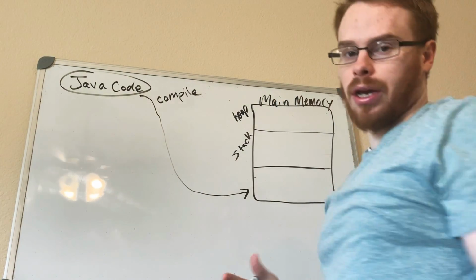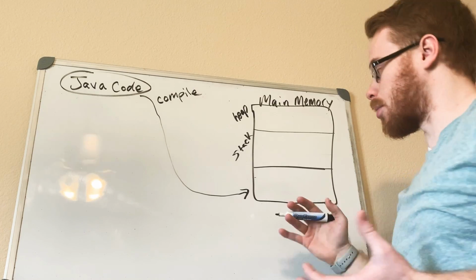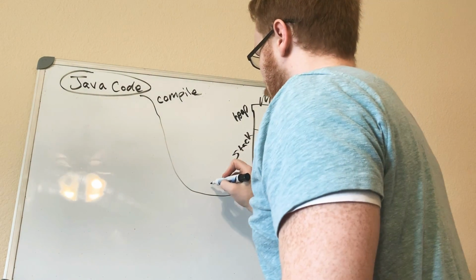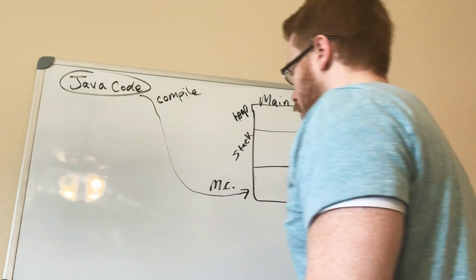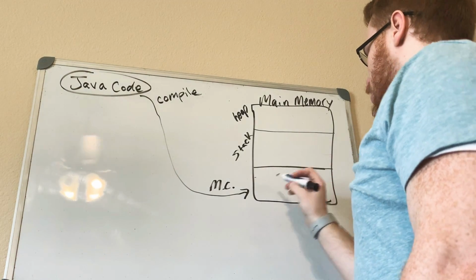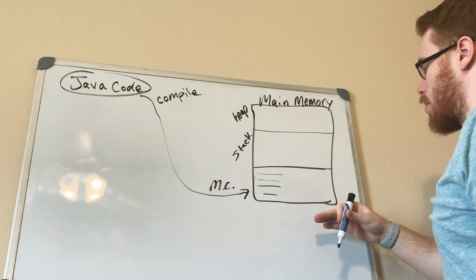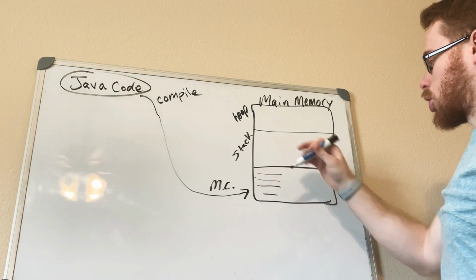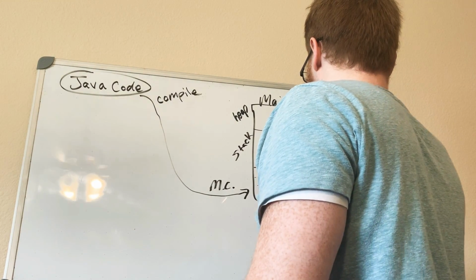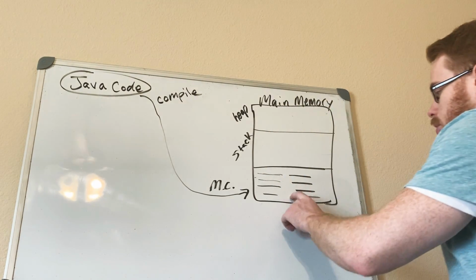Eventually it gets turned into zeros and ones so that your computer can understand it. So we'll just write machine code, basically zeros and ones in here. In your main memory, you're going to have a little chunk for your lines of code to be stored.